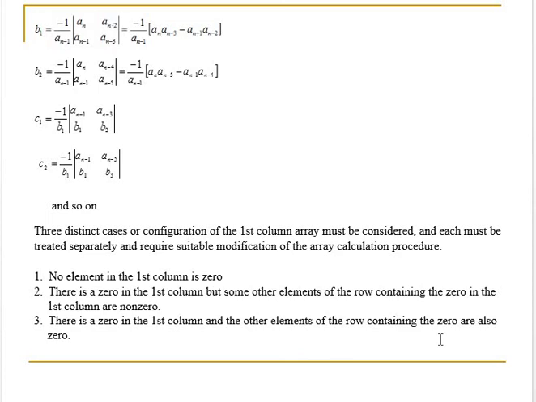Second, there is a 0 in the first column, but some other elements of the row containing the 0 are non-zero. Third, there is a 0 in the first column, and the other elements of the row containing the 0 are also 0. That is the procedure.